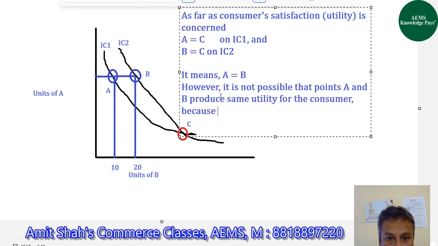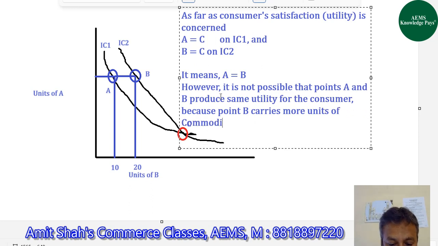Because point B carries more units of commodity B than point A. On which point out of A and B do we have more units of commodity B? On point number B or point number A? B. B carries 20 units of commodity B, whereas point A carries only 10 units of commodity B. And as far as units of commodity A are concerned, they are the same on points A and B.